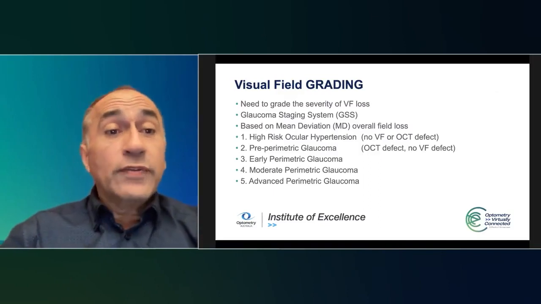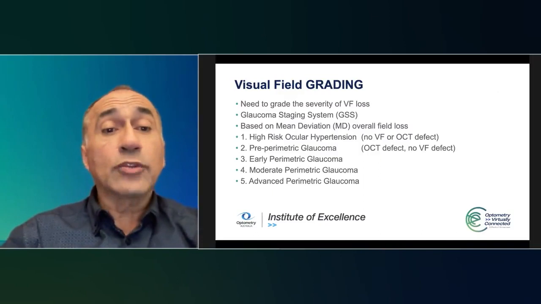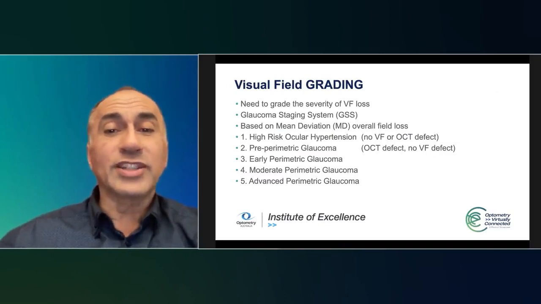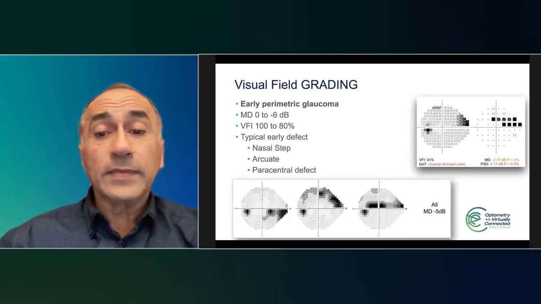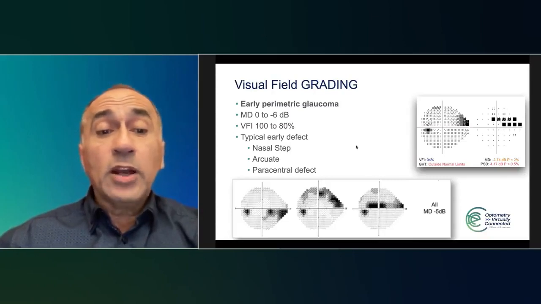So in the previous lecture, if you attended that one, we talked about glaucoma staging, and the categories are basically high-risk ocular hypertension, pre-perimetric glaucoma, early, moderate, and advanced perimetric disease based on the mean deviation and the visual field index. So here's some examples of an early perimetric glaucoma, typically in the nasal step area, but in the bottom diagram.